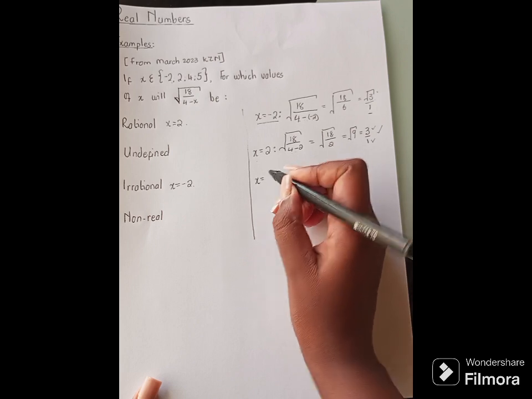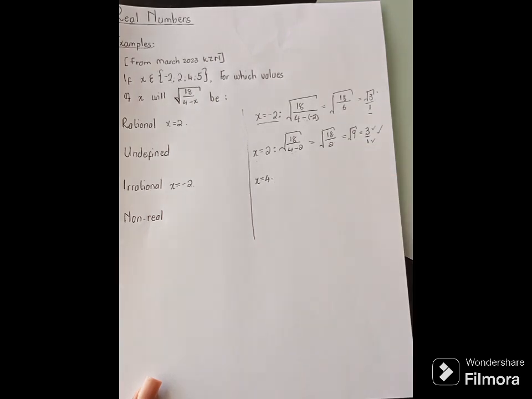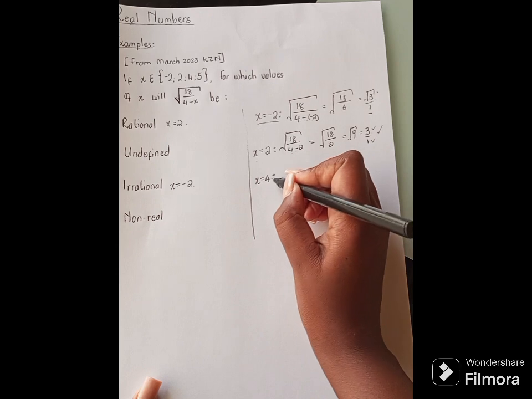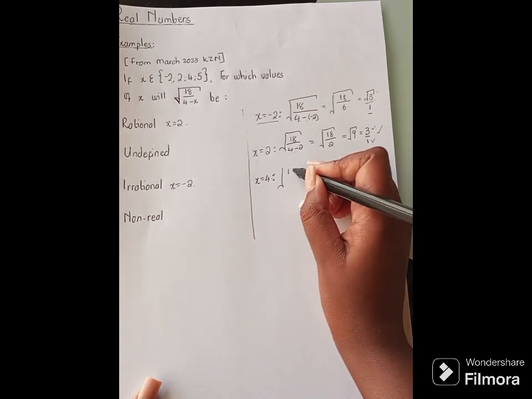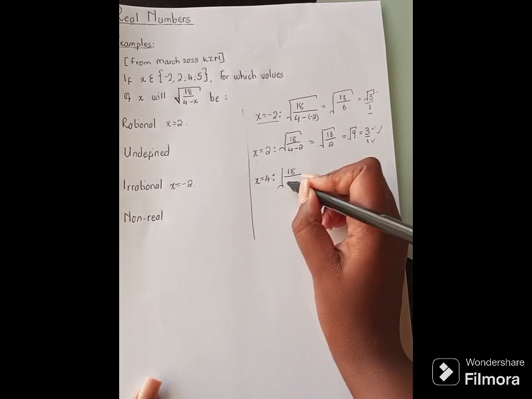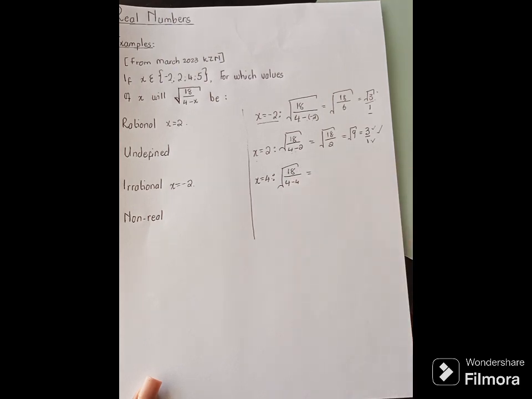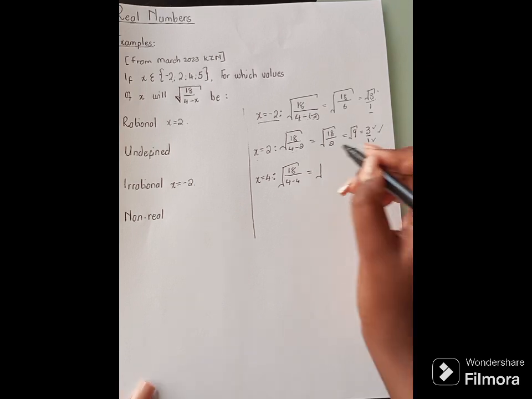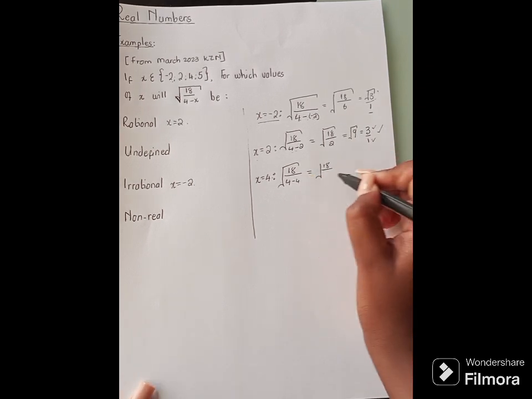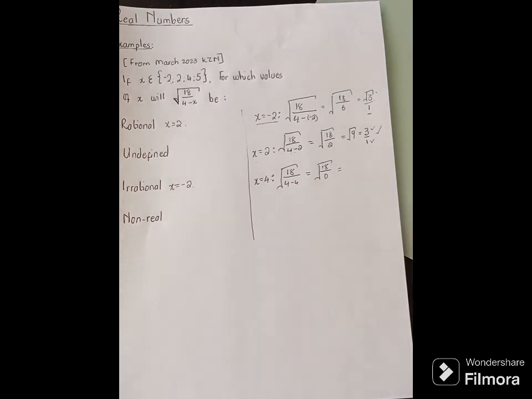The third number is when x is equal to 4. So let's check what we get when x is equal to 4. We're going to say 18 over 4 minus 4. And then what is it going to give us? 4 minus 4 is 0. Okay, if you go onto your calculator right now and say 18 over 0, it is going to give you an error, or it is going to say undefined.